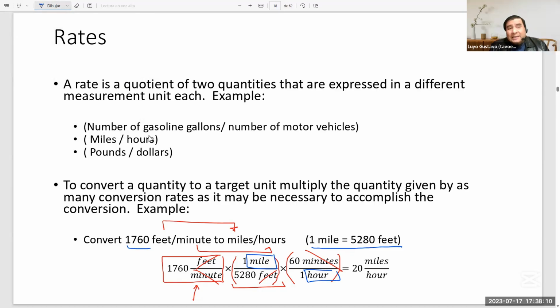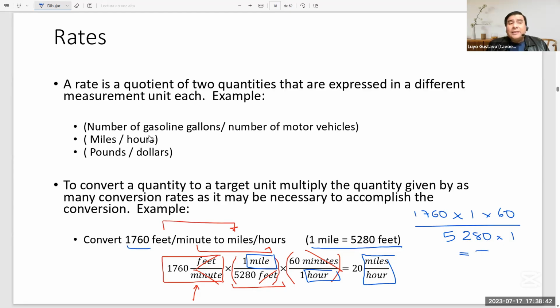So we will get the desired units in our rate, miles divided by hours. And the numerical part is simply the same operations you do when you multiply fractions. It is multiplying, I will write it over here, 1,760 times 1 times 60 divided by 5,280, right? Times 1, of course. You can do this very easily with a calculator.